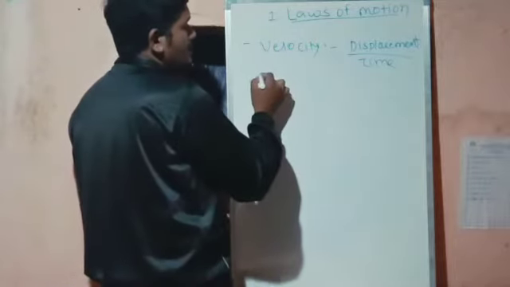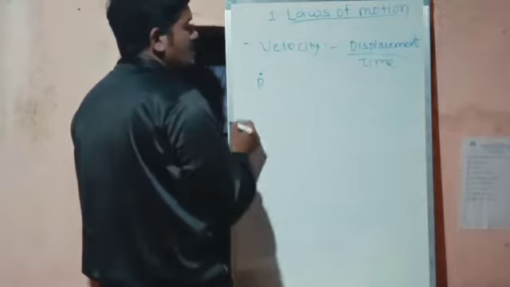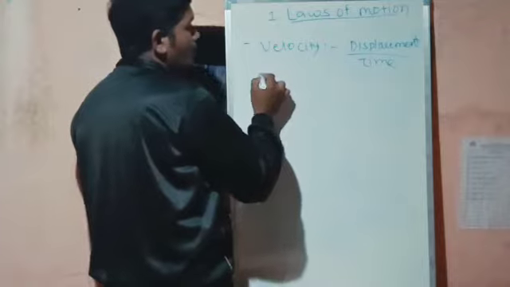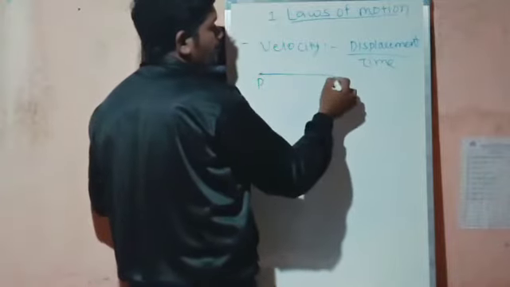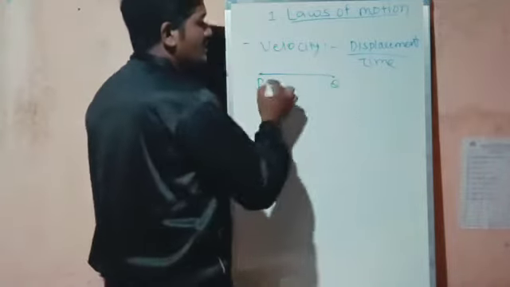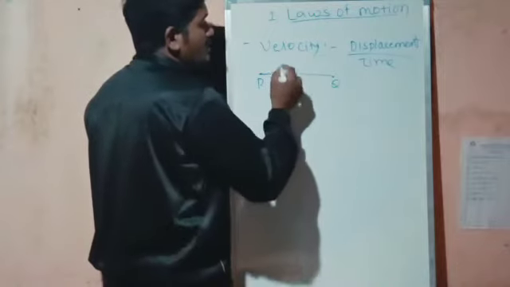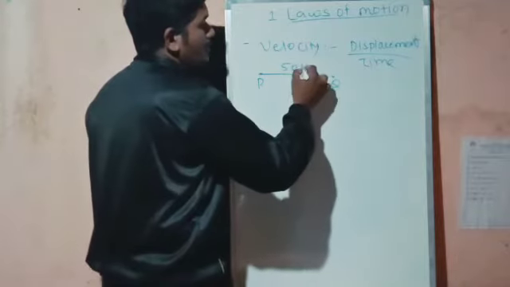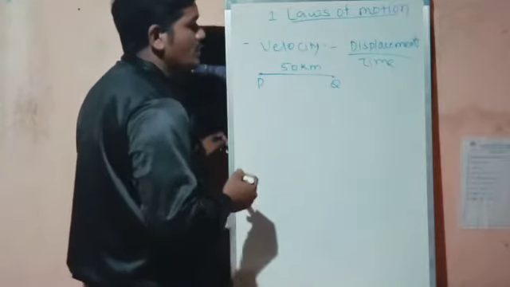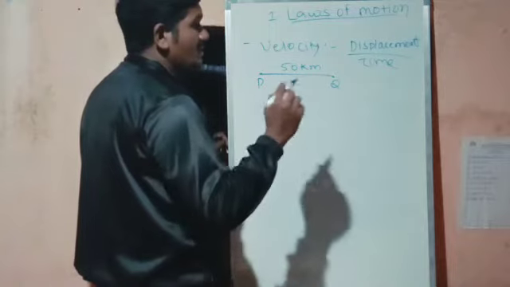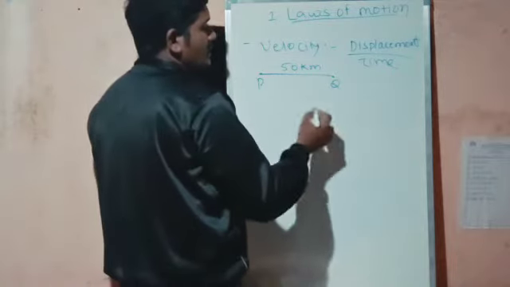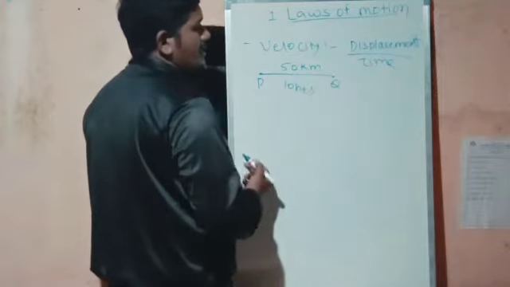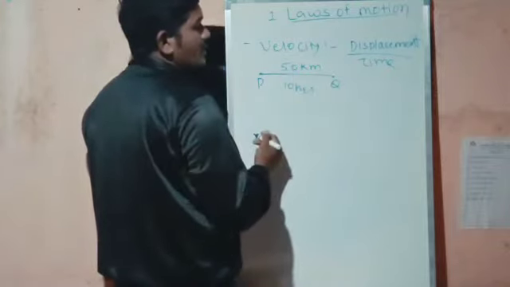Suppose P is the point. You are here with your bike, and you have moved from P to Q. This is the displacement you have caused. Suppose this displacement is 50 kilometer, and the time required to cover this 50 kilometer is 10 hours. So simply you can put these values into this formula.